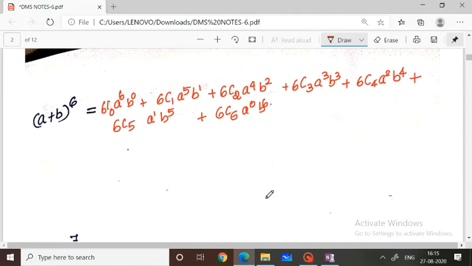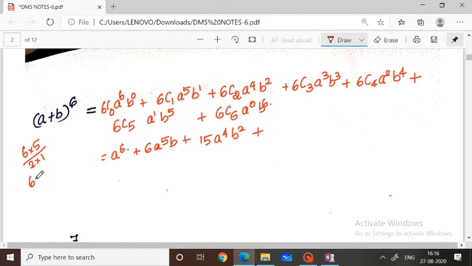On simplifying, you will get the answer as a raised to 6 plus 6a raised to 5b plus 6c2, meaning 6 into 5 divided by 2 into 1, that is equal to 15. So 15 a raised to 4 b square plus 6c3.